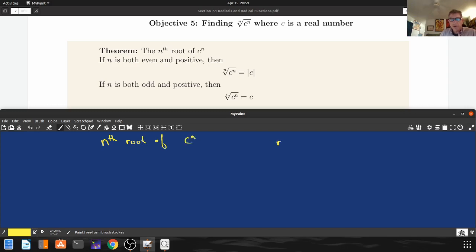In other words, I'm going to be looking at this, the nth root of c to the n. Well, we have two cases. If n is greater than 0 and even, then the nth root of c to the n is equal to the absolute value of c.